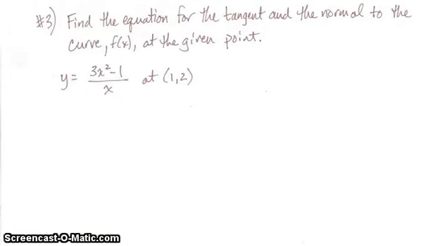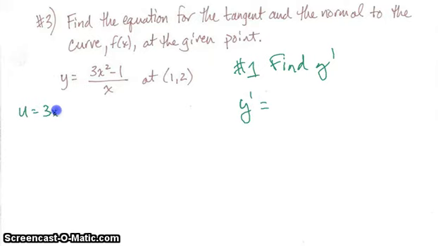For example 3, find the equation for the tangent and the normal to the curve f of x at the given point. So, number 1, what do we need to do? Find the derivative. So, if I'm looking at this, I have quotient rule.